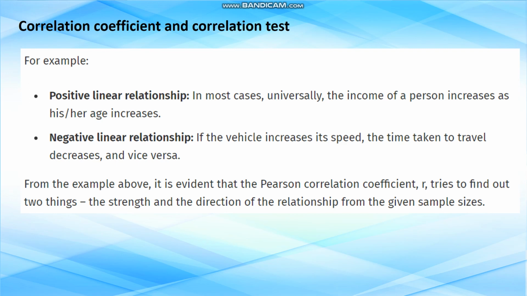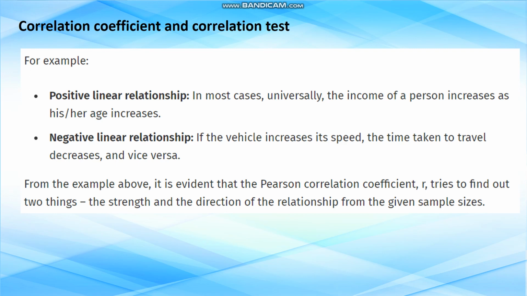In most cases, the income of a person increases as the age increases. It's clear: when the age increases, the income increases. But for negative linear relationships, for example, if the vehicle increases its speed, the time taken to travel decreases, and vice versa, like opposite direction.